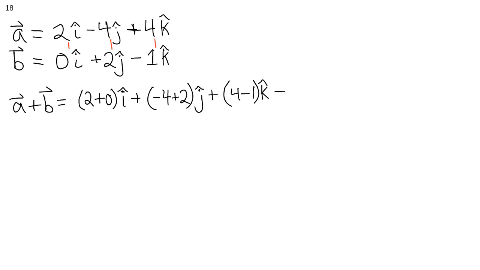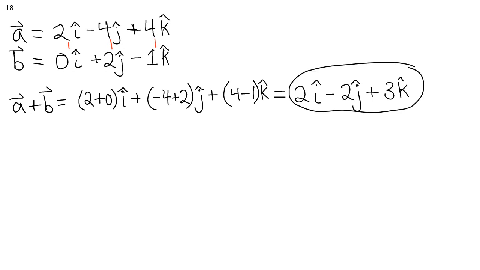So the answer is 2i hat, negative 2j hat and 3k hat. And that is A plus B. Hopefully you were able to get that one. If you have any questions, please let me know. If not, let's do the next one.